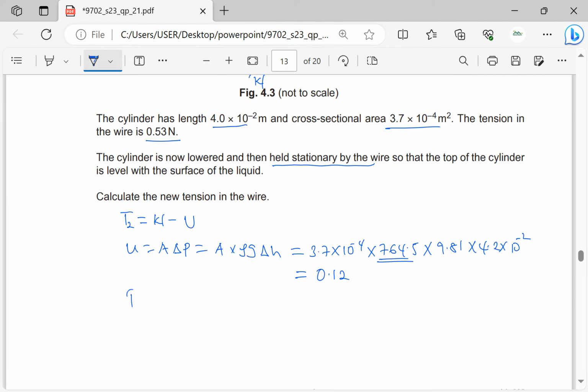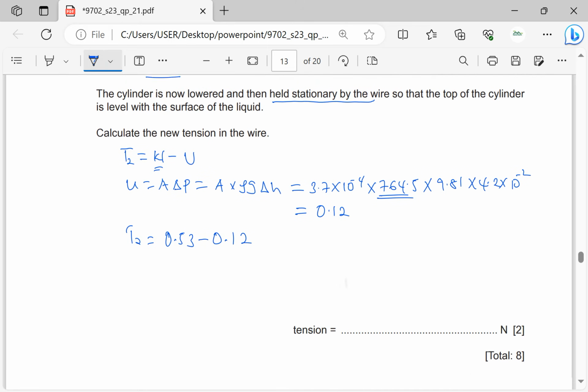So then that means tension T2 is going to be the weight, which is 0.53, minus the upthrust, which is 0.12. Of course, the weight will not change, it remains constant. When it was in air, the tension was equal to the weight. So we now know the weight. When it is lowered, the weight will not change.